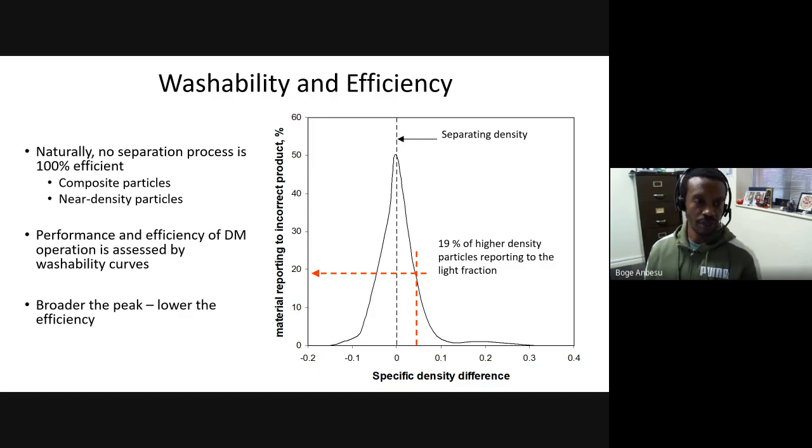So for example, if the separating density is 1.5, we're saying particles that are lighter, or with specific gravity of less than 1.5, should float. And particles that are denser, or specific gravity of more than 1.5, should sink.